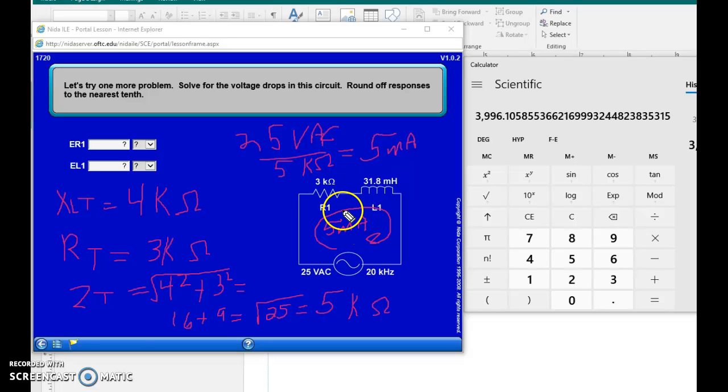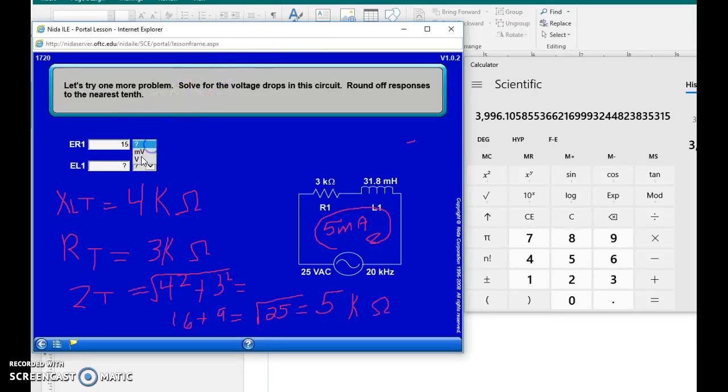So let's erase this up here a little bit, because we're going to need some room to work. So we're looking for E of R1. Well, we're going to have to take 5 milliamps times 3K, which is going to equal 5 times 3. They're milli and K, so they're going to cancel out.